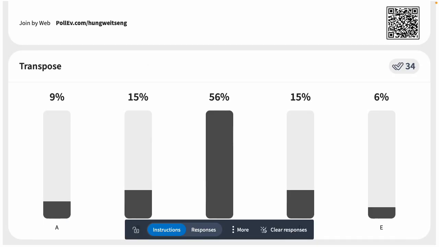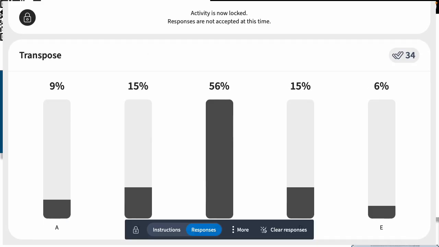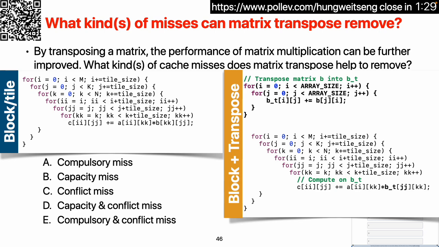All right, let's take a look. Okay, so most of you think the answer is C, but why don't you discuss with your friend what we have learned so far, right?